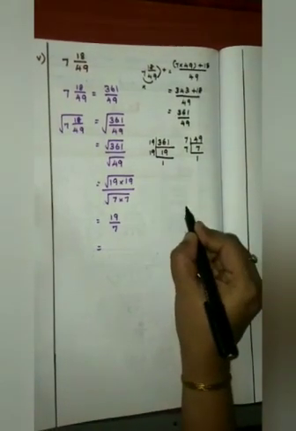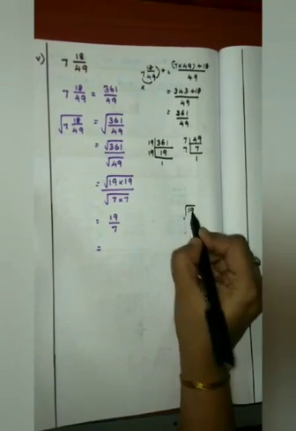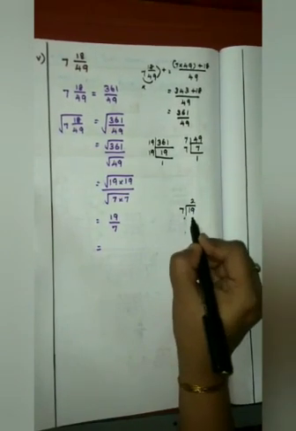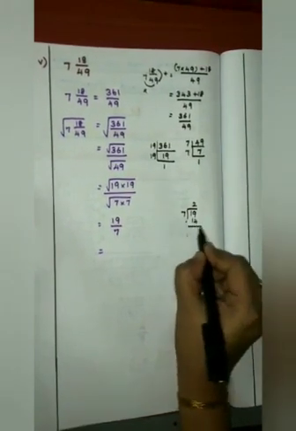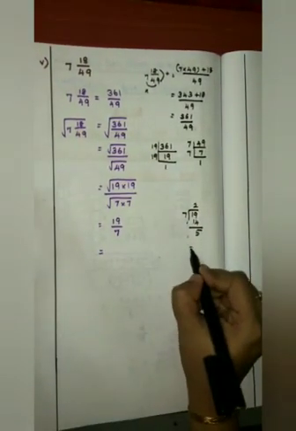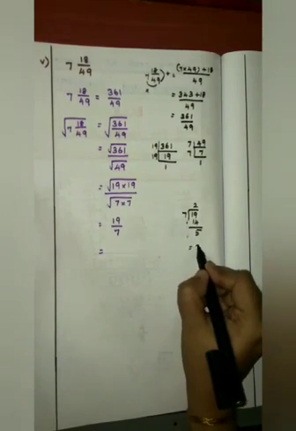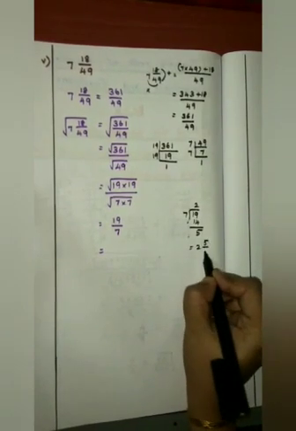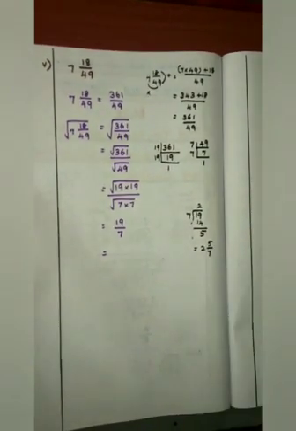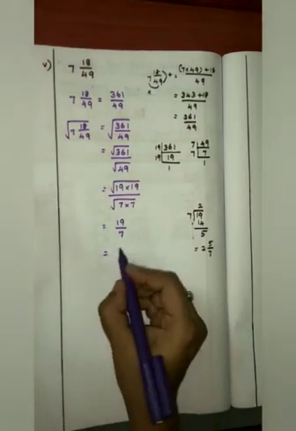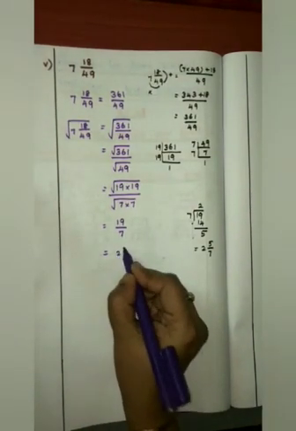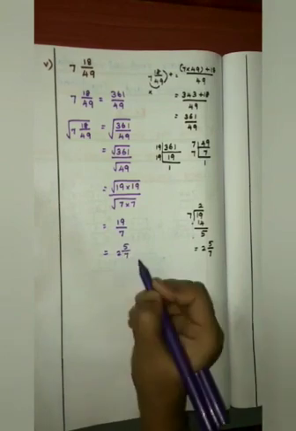So divide 19 by 7, 2 times it goes 14, remainder 5. So it can be written as 2 5 by 7. So this is equal to 2 5 by 7.